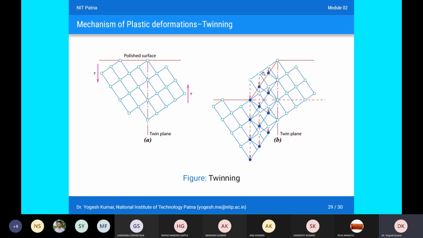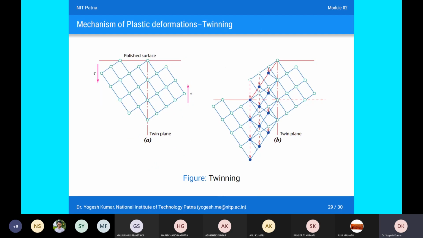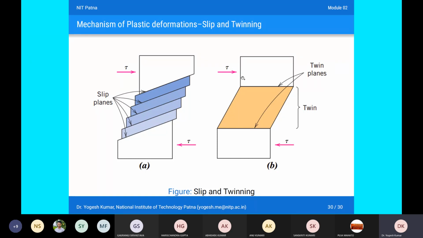This is at the atomic level in the twinning process, and when you see the combined effect, it looks something like this. In the right hand side, figure B, you can see that due to the shear stress applied, twinning takes place in the atoms, and due to the combined effect of the atoms, your twinned portion becomes something like this.